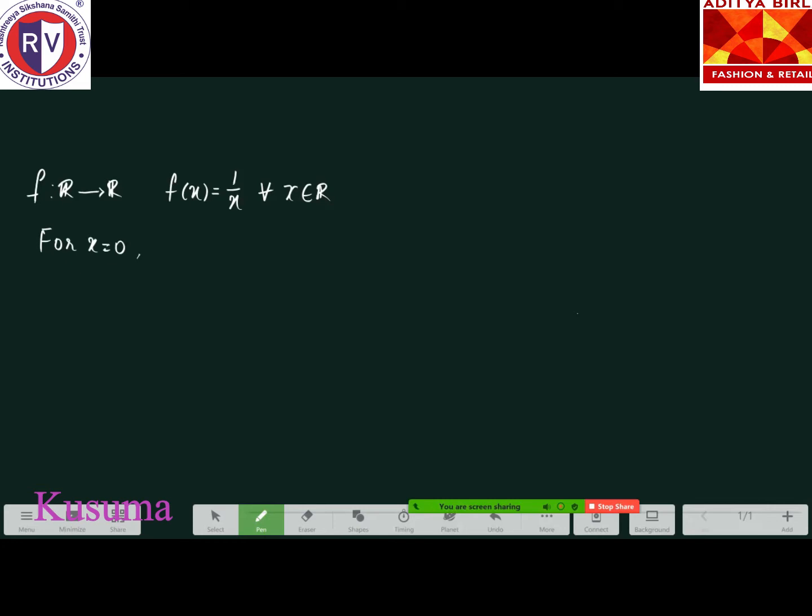F of x will be not defined, right? So for the given domain, that is the set of real numbers, since we don't get an image for f of 0, the function is not defined. For x is equal to 0, we don't get an image.